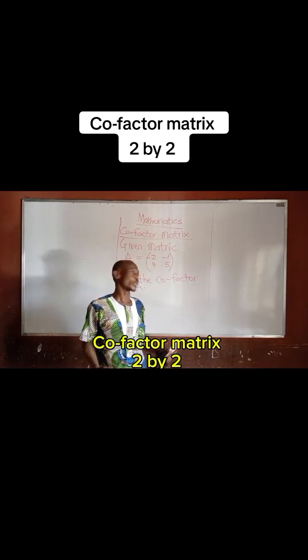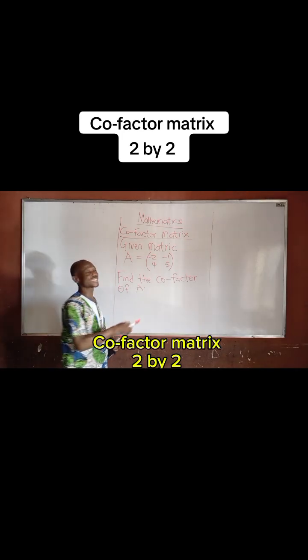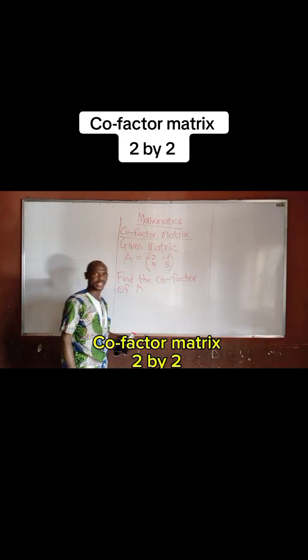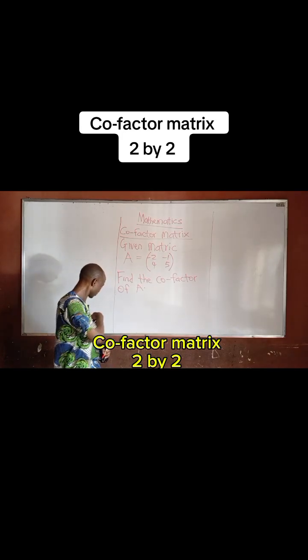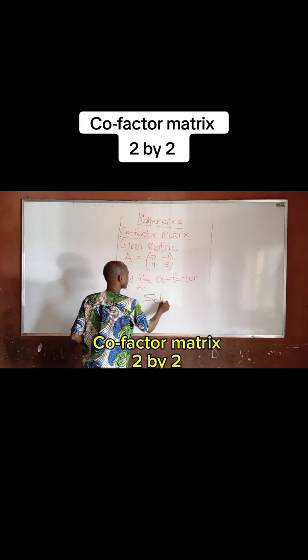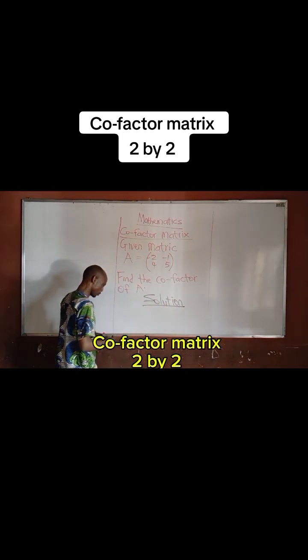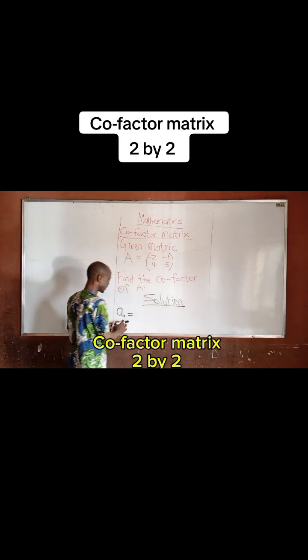Now, how do we look for the cofactor? We say that we are going to look for the determinant of every position in the matrix here. We look for the determinant. So now let's look at the solution. A11, row 1 and column 1.